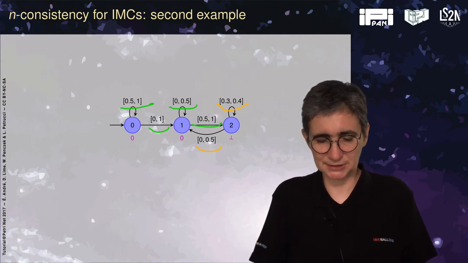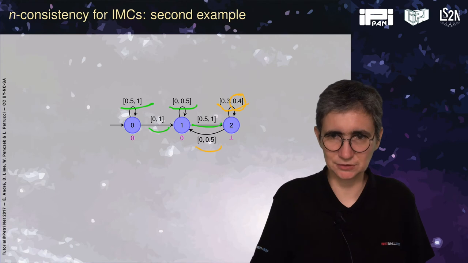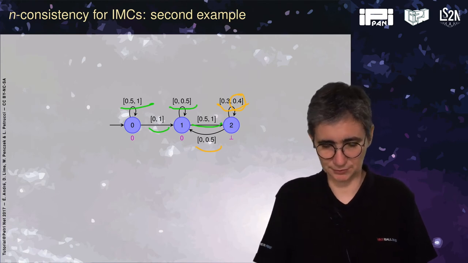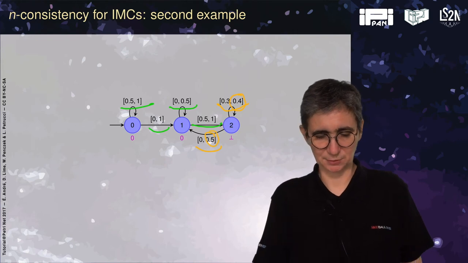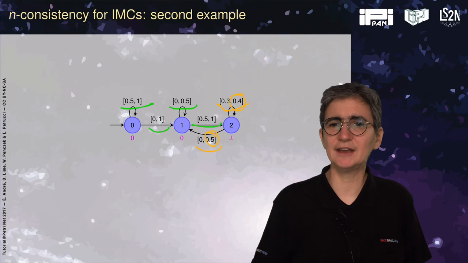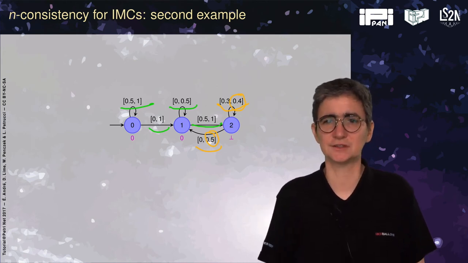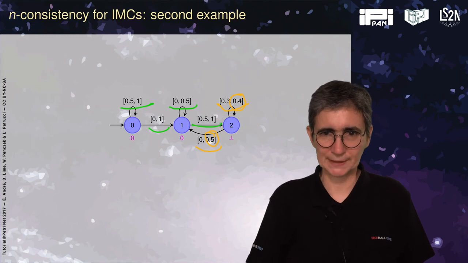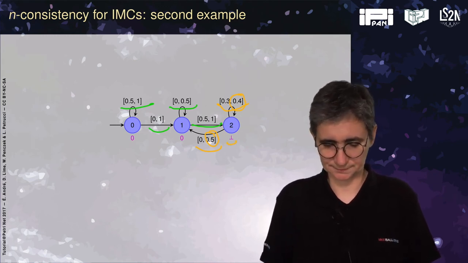The maximum here is 0.4, so if I choose the maximum, I will have 0.4, and if I choose the maximum here, 0.5, the sum will be 0.9. So I can never find a combination of these values in these intervals that add up to 1. Therefore, state 2 is not zero consistent.